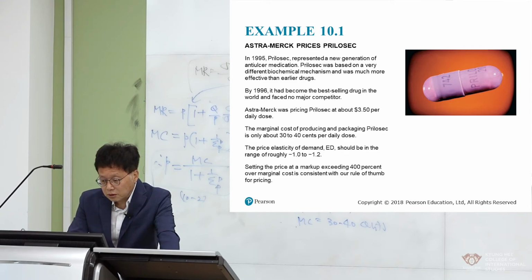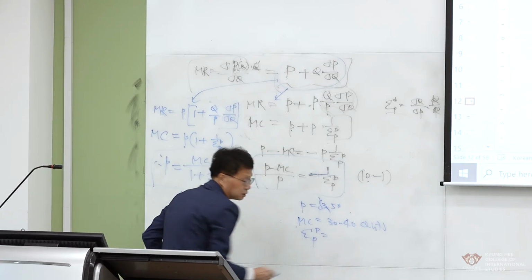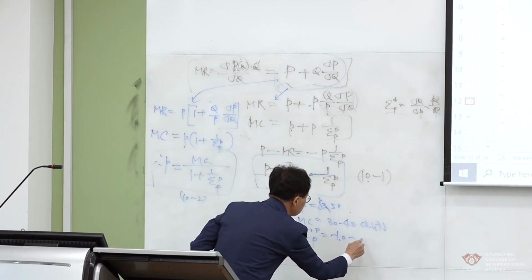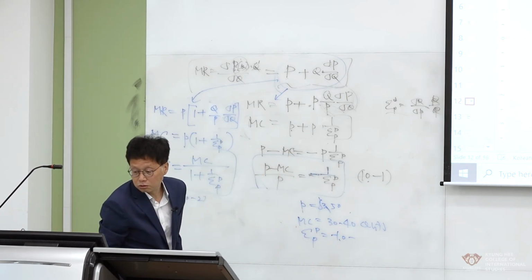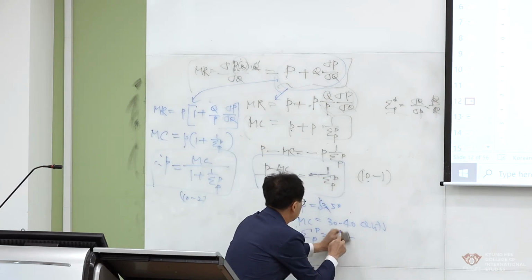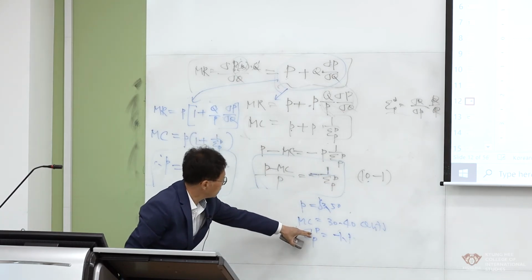Here, where is price elasticity of demand? Price elasticity of demand is minus 1.02, minus 1.2. So we just fix it at minus 1.1. That is the price elasticity of demand.